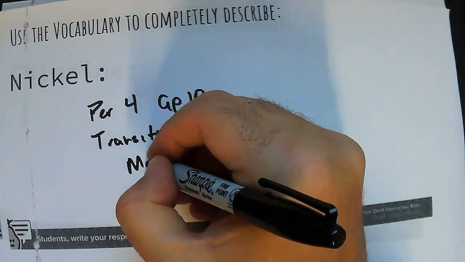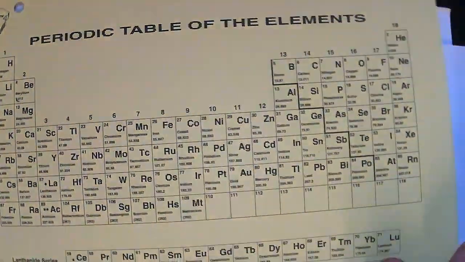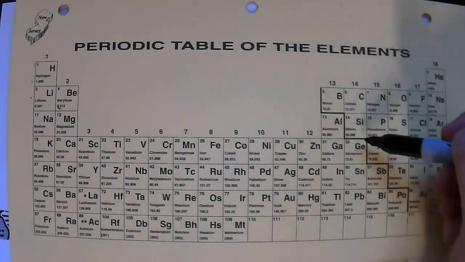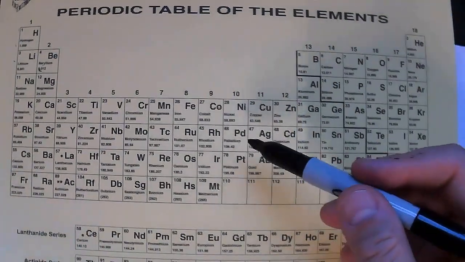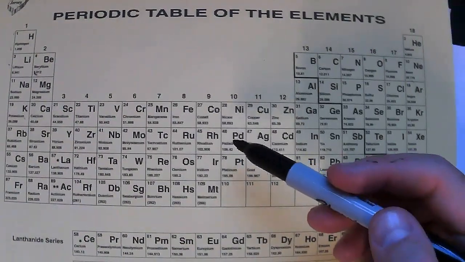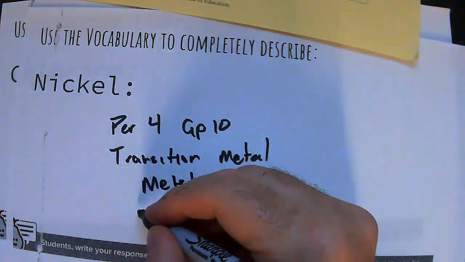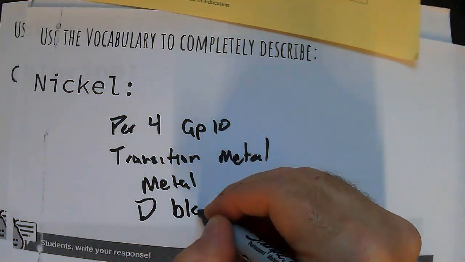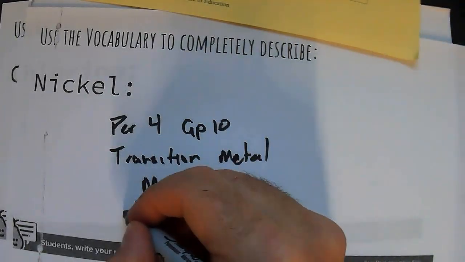It's also just a metal because it's under the stair step, right? Here's the stair step. All periodic tables have that stair step. And then, let's see, what else do we want to say? It's part of the d block. Okay. That's a lowercase d, sorry.